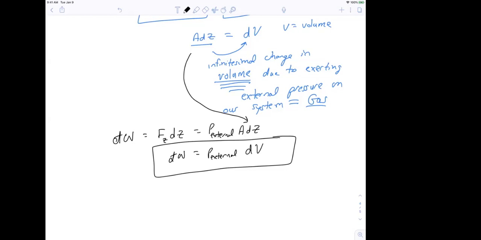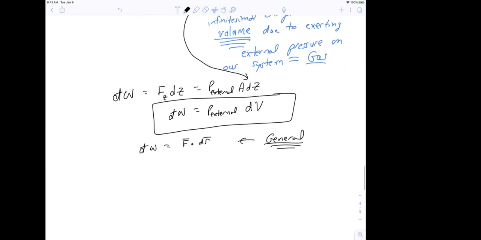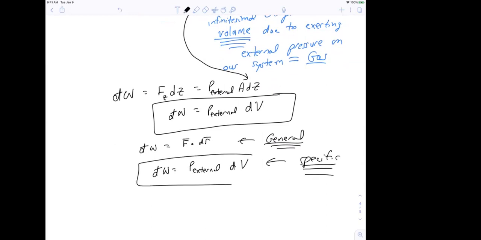Okay, so we started with a very general dW is equal to, sorry, let me go back, F dot dr. So this was very general. Actually, it was the most general. Then we did some manipulations, taking into account the nature of our system, and we came to a very specific expression for the work, and that's this guy.